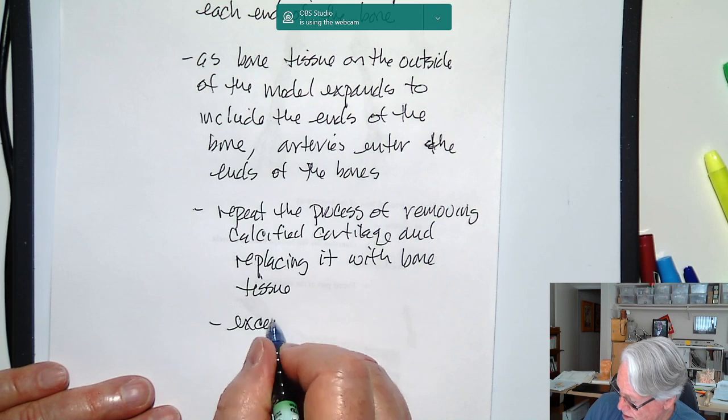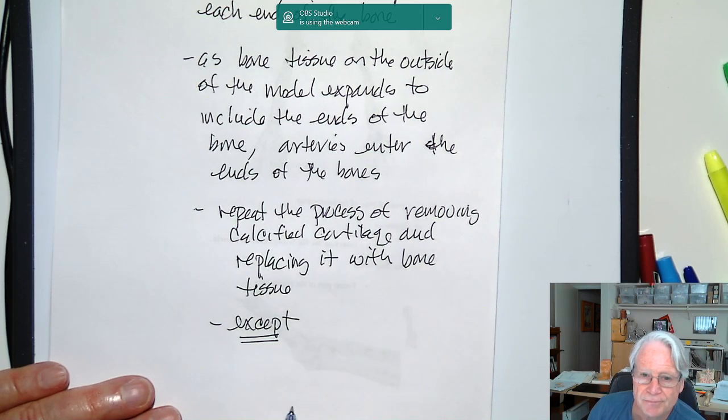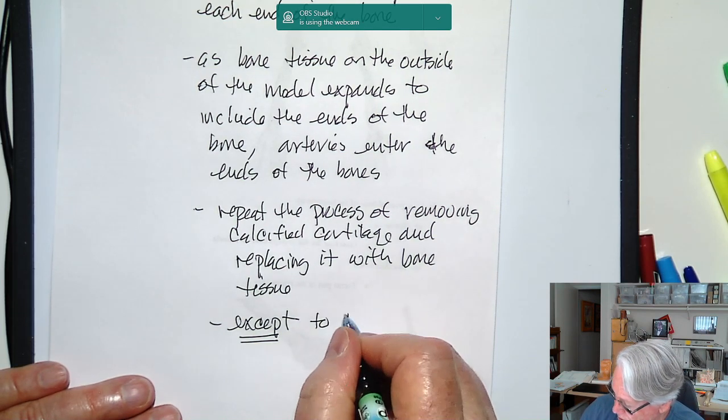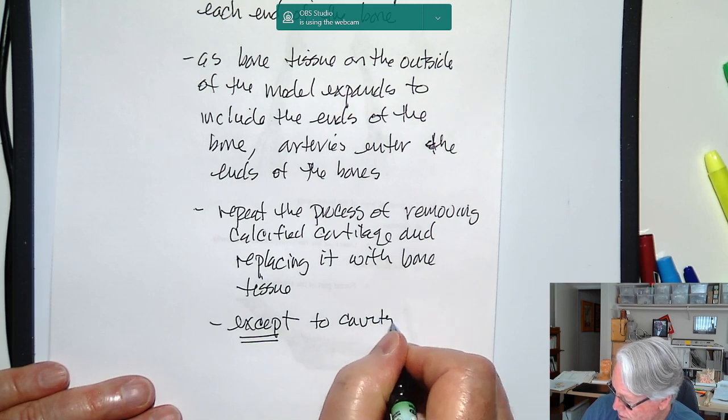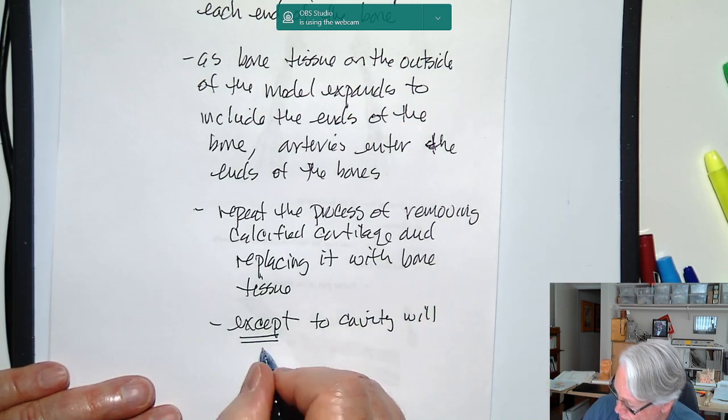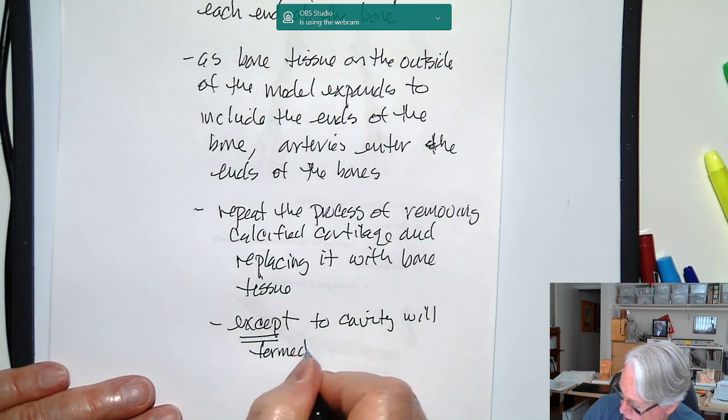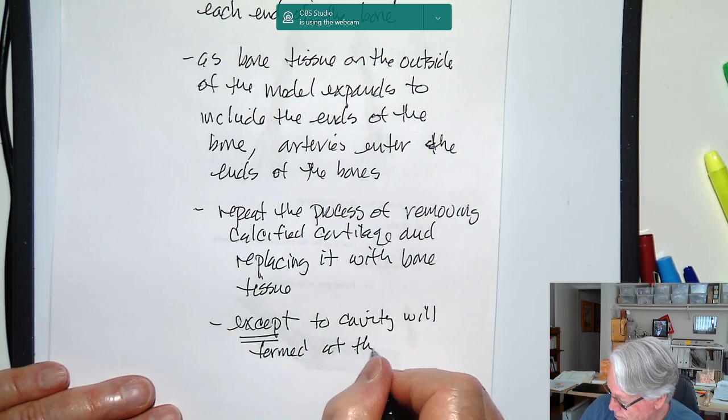Except no cavity will be formed at the ends of the bone.